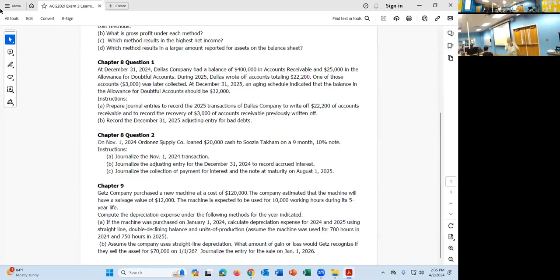So in this case, if we loan the money on November 1st, on December 31st, we're going to need to recognize we've earned 2 months of revenue on this note. We're not getting cash for it yet, but we've earned the money because we've given our customer this money to borrow at a 10% interest rate.